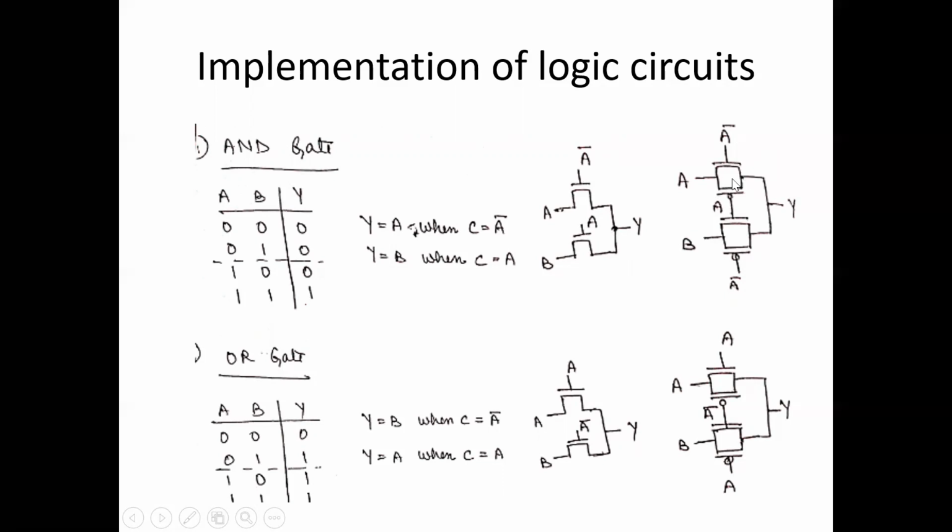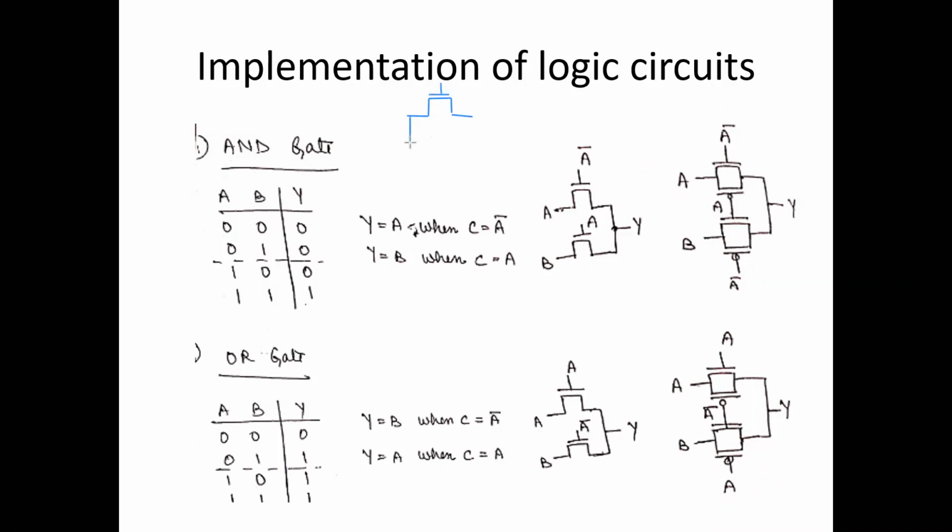Here, see, it is easy for us to write. If this is the NMOS transistor, and you have to implement a transmission gate for this, this is the NMOS transistor that we write, and this is the control signal.